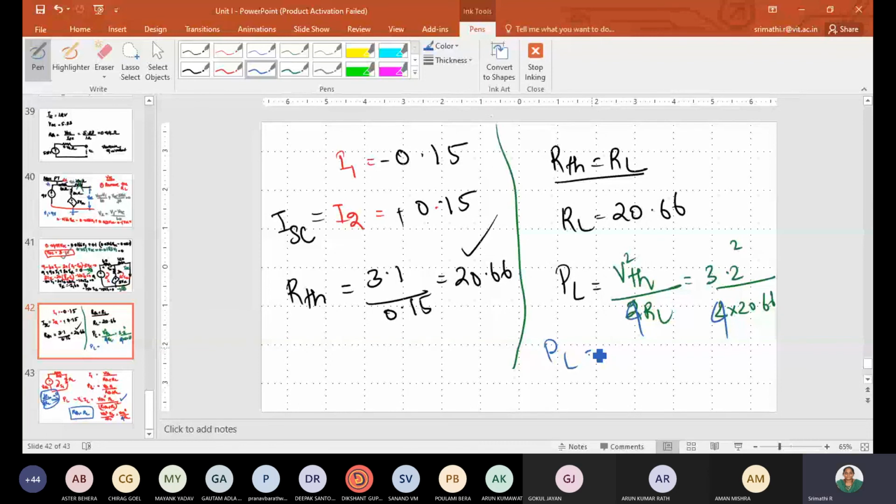Then how do you solve? 0.1239. Yes, ma'am. 0.12. Okay, let me give one more problem. You try to solve by yourself.